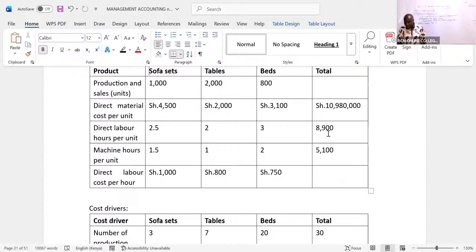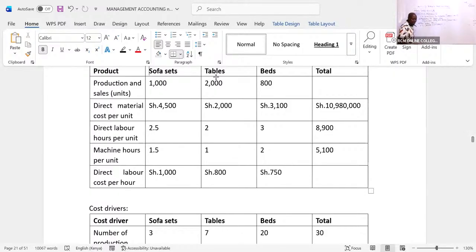Fortunately, they have given me the labor hours per unit, and we know how many units we are going to produce for each product. To get the total labor hours, I will take 2.5 per sofa set, and we are producing 1,000 sofa sets. Some labor hours will be spent on producing tables, so 1 hour times 2,000.